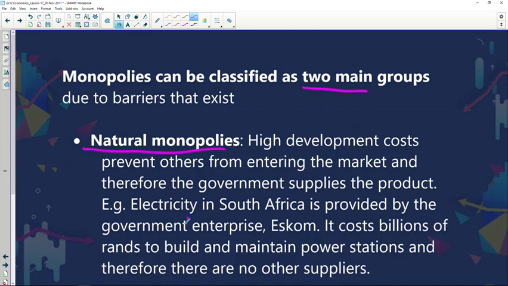For example, electricity in South Africa is provided by a government enterprise, which is Eskom. It costs billions of rands to build and maintain power stations, and therefore there are no other suppliers. This will be considered a natural monopoly based on the high development costs involved.